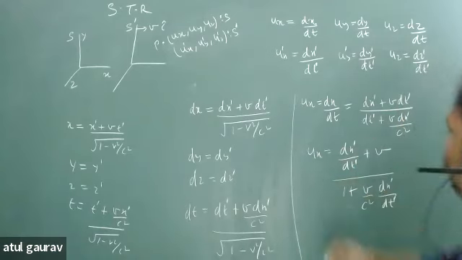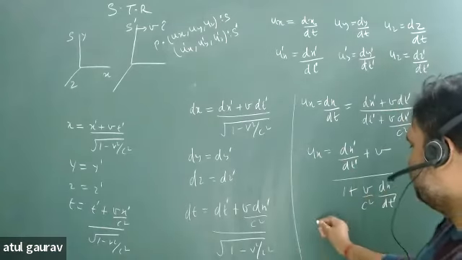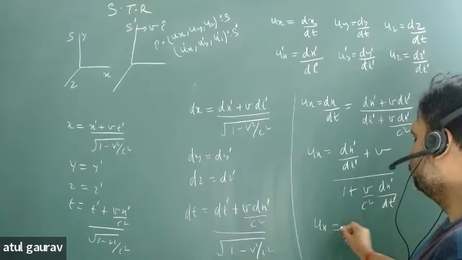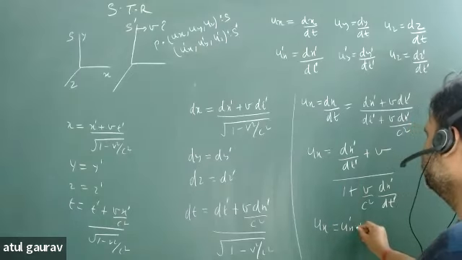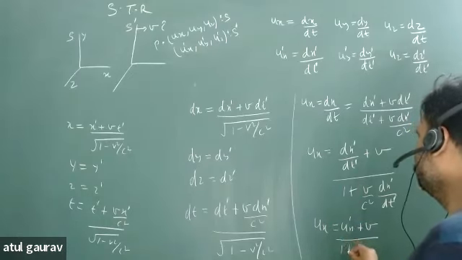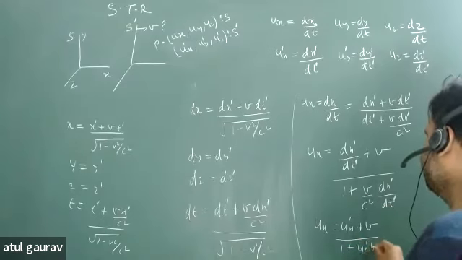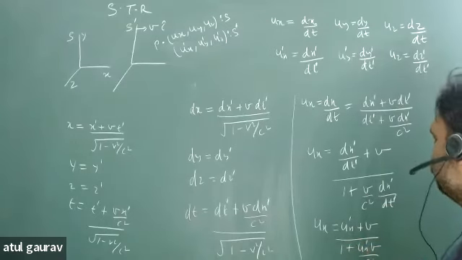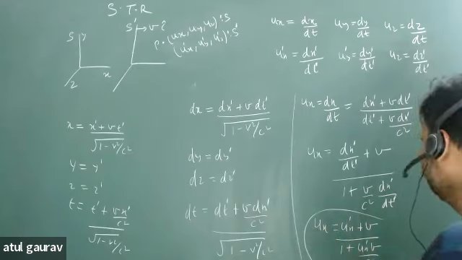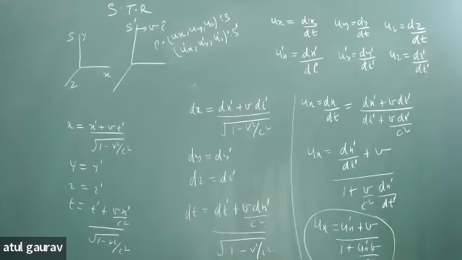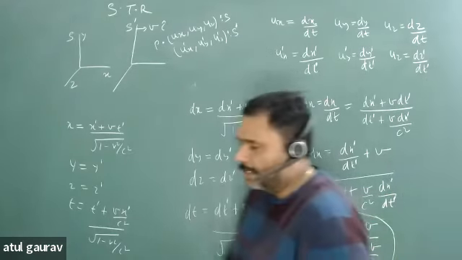And what is dx dash upon dt dash? It is nothing but ux dash. So ux is equal to ux dash plus v over 1 plus ux dash v upon c square. This is your ux. Everyone is comfortable right now?